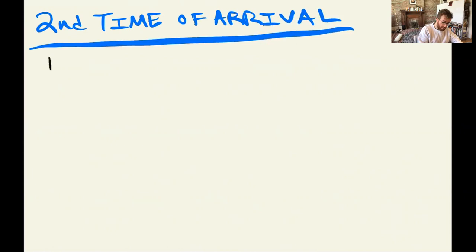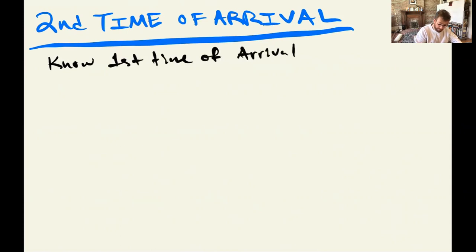So we know the first time of arrival is exponentially distributed with parameter lambda.